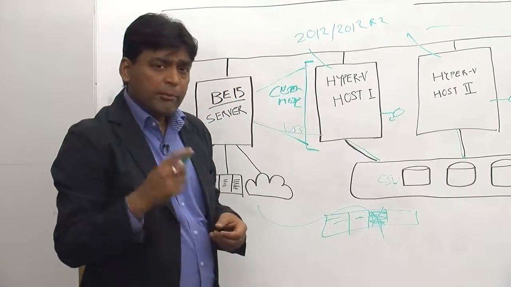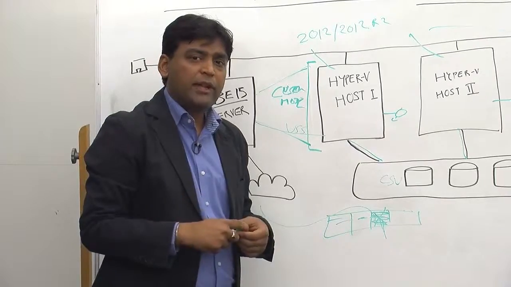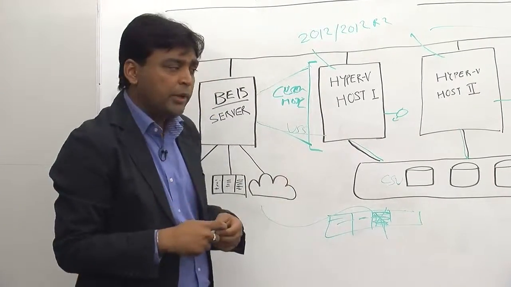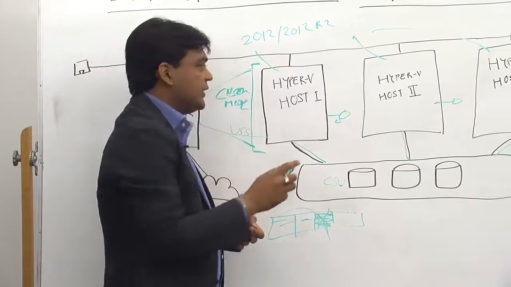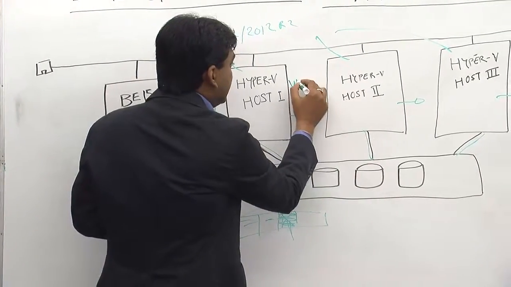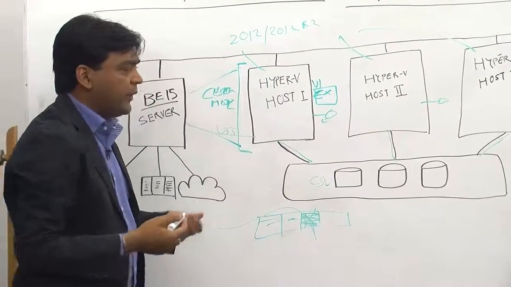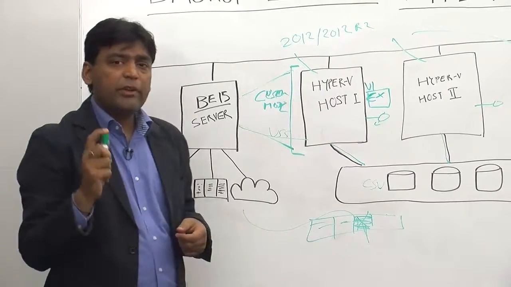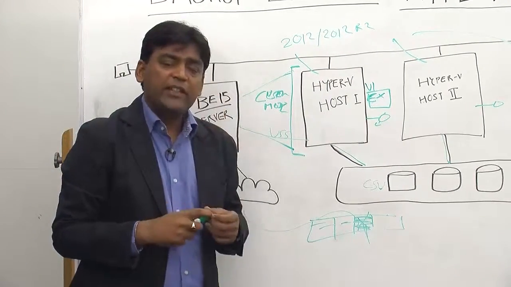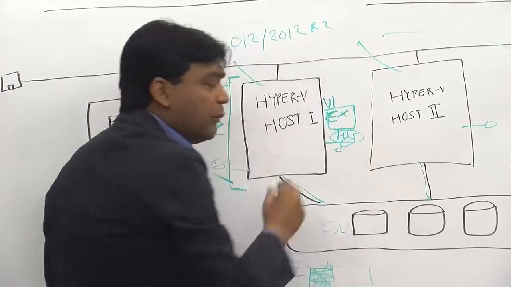Now, the most important point: if you have a virtualized application server, which I spoke about right in the beginning of this video, protecting that is supported as well. For example, if you have a virtualized Exchange server as a VM running on any of the Hyper-V hosts and you want to protect it, you need to have a component called Hyper-V Integration Services, HIS, installed on that virtual machine.